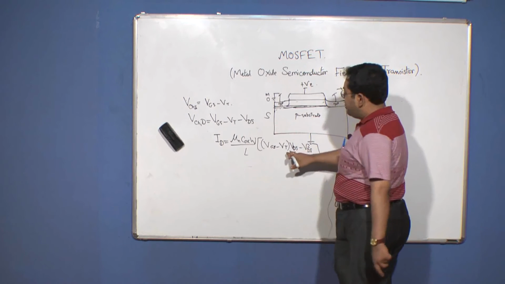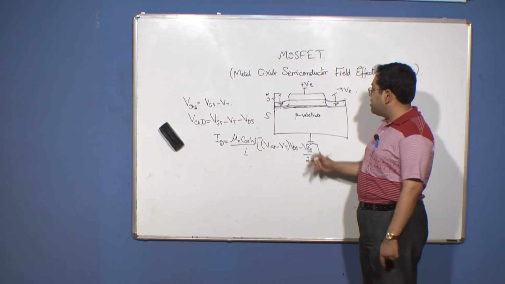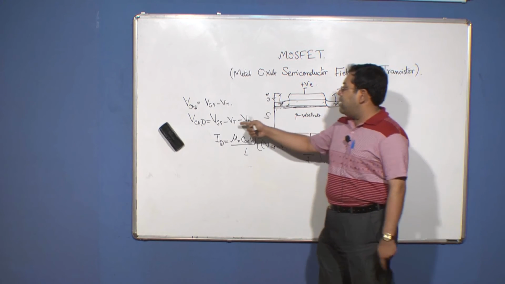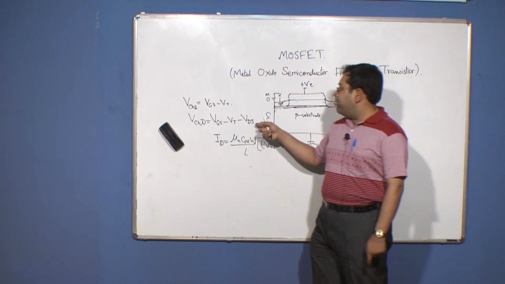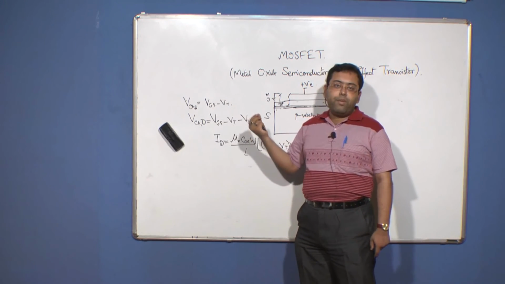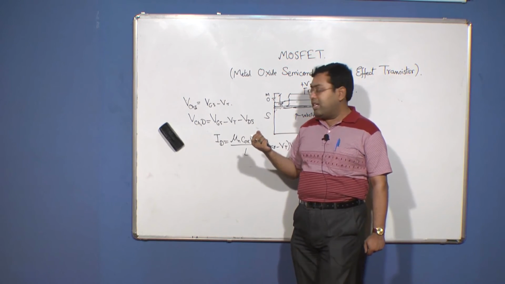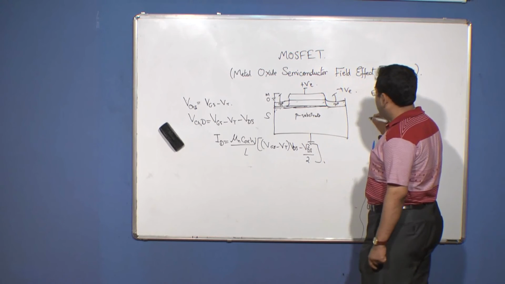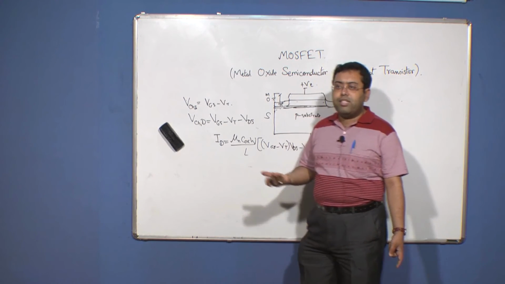So, in this equation, as you can see, as you go on increasing this VDS, the channel thickness at the drain end becomes lesser and lesser, and when VDS becomes equal to VGS minus VT, then the potential drop across the channel becomes 0, which means that the thickness of the channel at the drain end should become 0. But in reality we find that the thickness of the channel does not become 0.